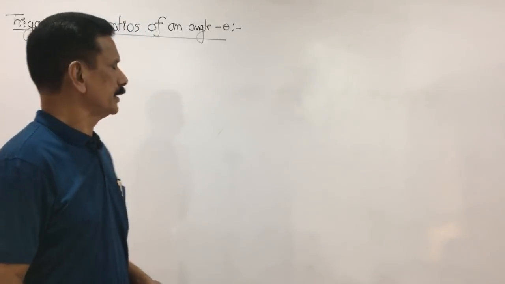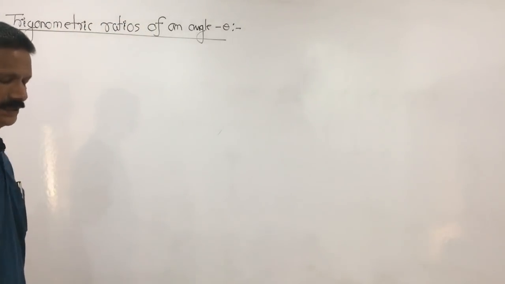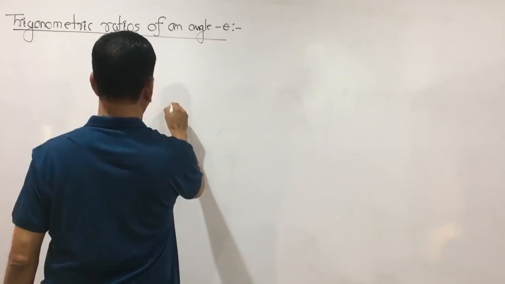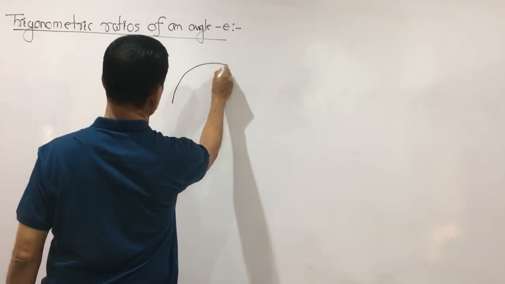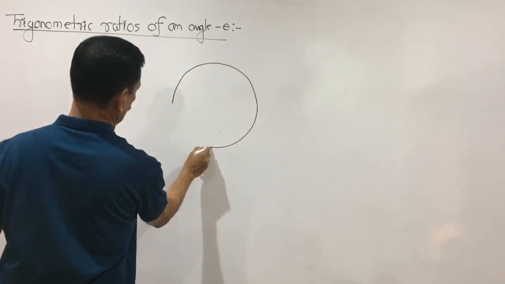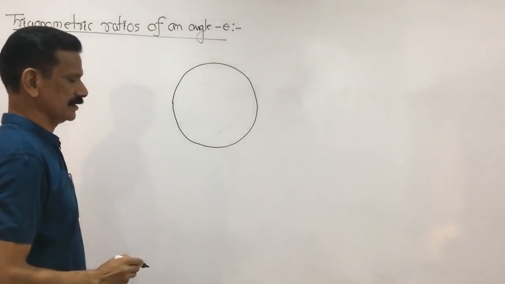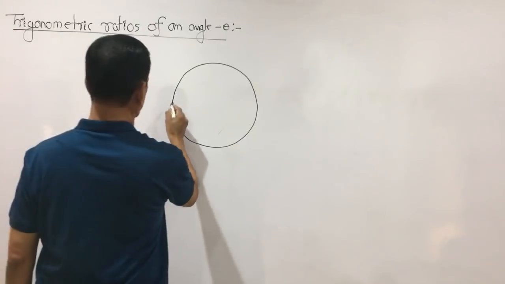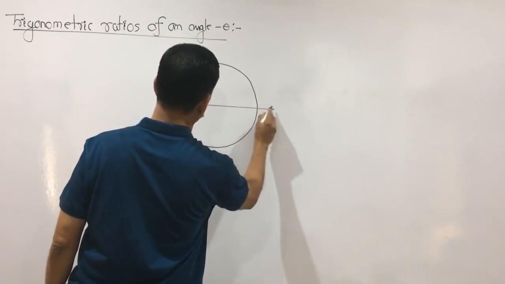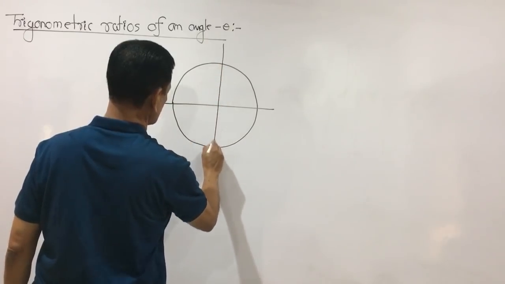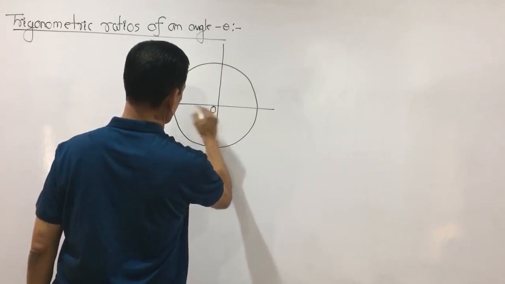Okay. So, for this we consider again a unit circle whose center is at the origin. Here I draw a circle. This is a unit circle, meaning a circle whose radius is 1 unit. And these are the coordinate axes, x axis and y axis. Here is the origin.